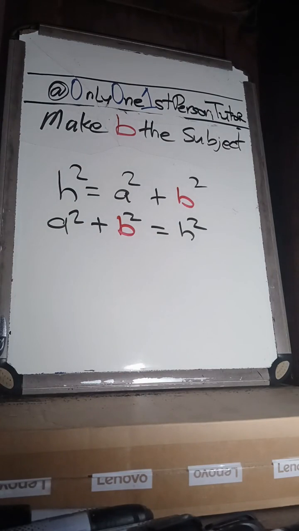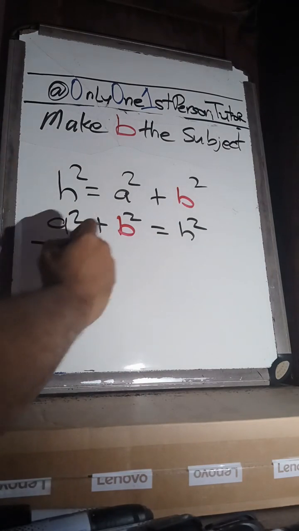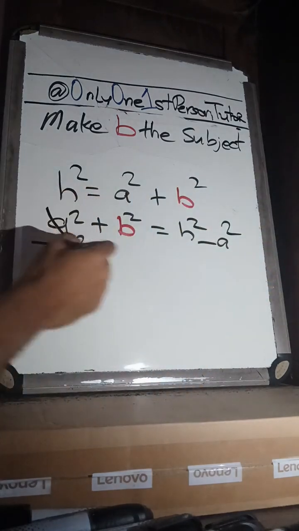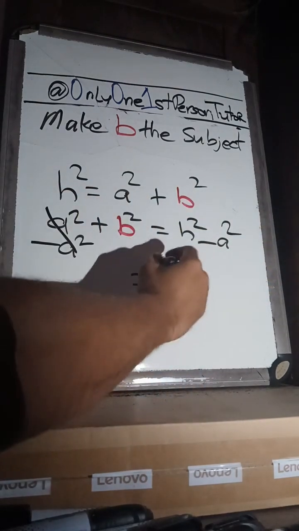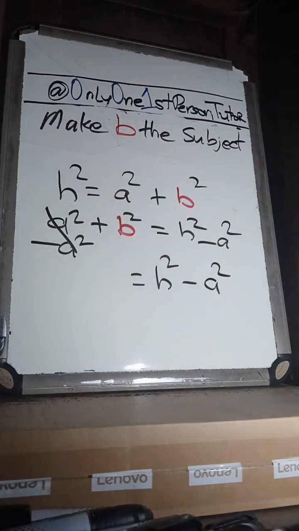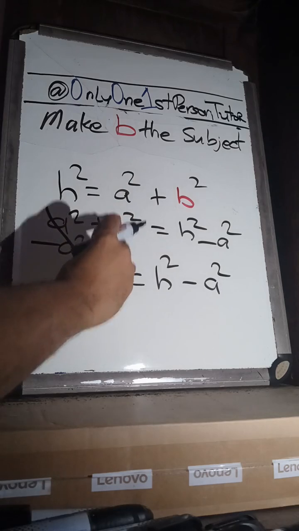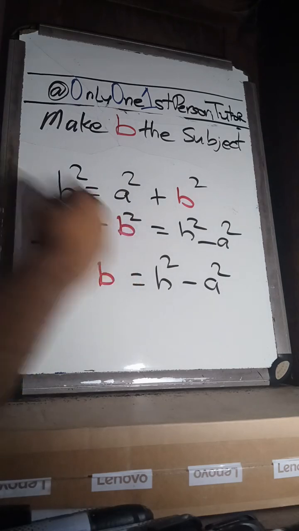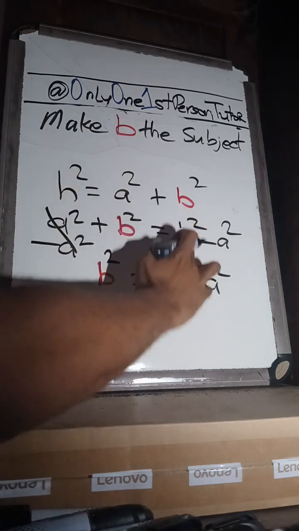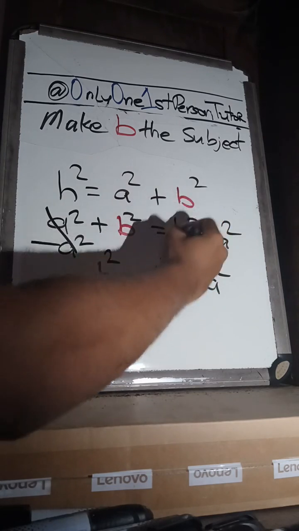A minus a squared from both sides. So now make sure that that look like a.